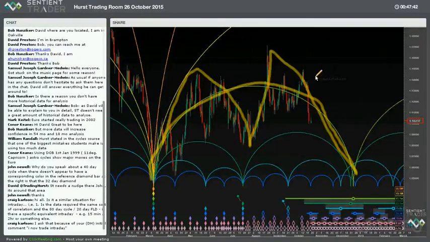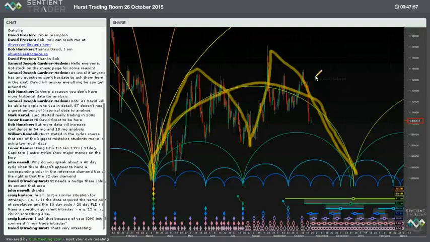The new version of Sentient Trader is able to perform intraday analysis on the basis that the nominal model is dynamic, which is a sort of deviation from Hurst's original principles. But the basic concept is that you still have a nominal model, but it's dynamic and it is changing all the time. So we'll speak a lot more about that when we get to speaking about intraday. There's a lot to talk about.